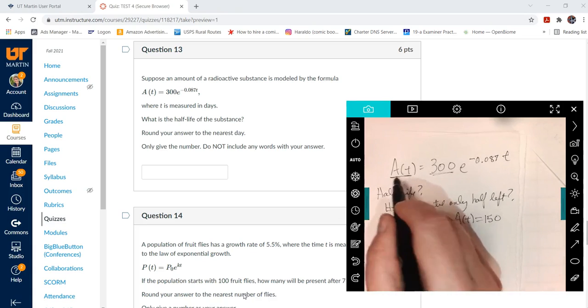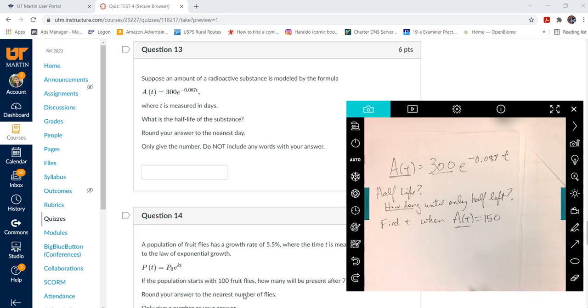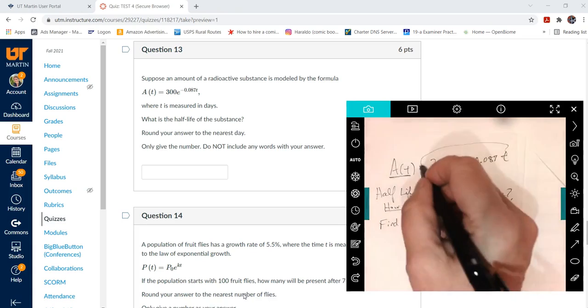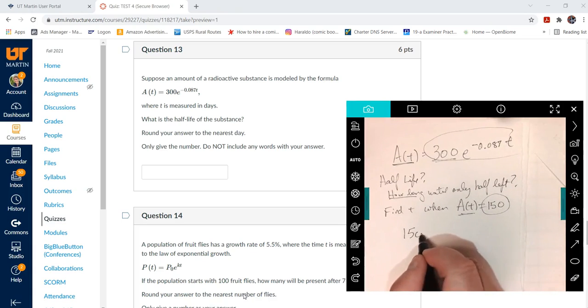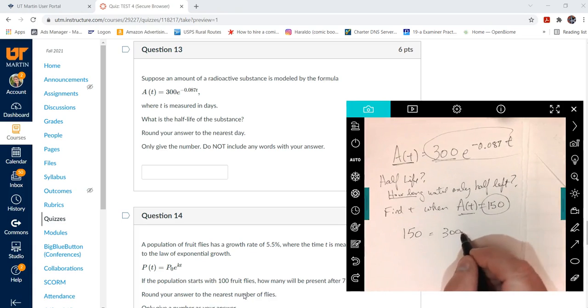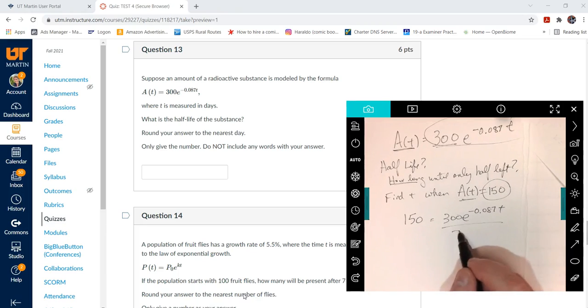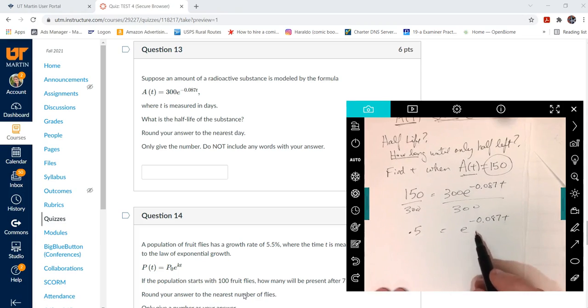Now I have an expression for A of t here, and I have an expression for A of t here. We put them equal to each other. Divide both sides by 300. That will give me a half, which I'm going to write as 0.5. I need to find t. I need to get it out of the exponent, so the base here is e.